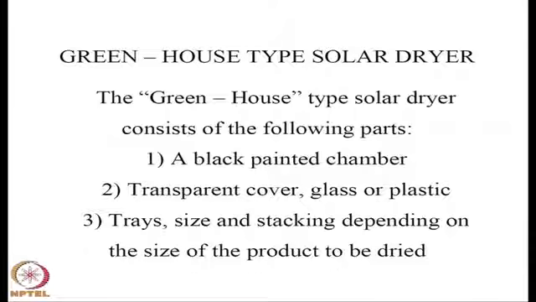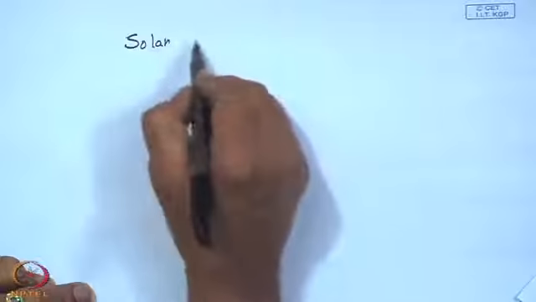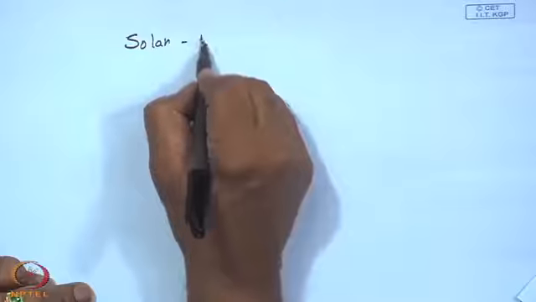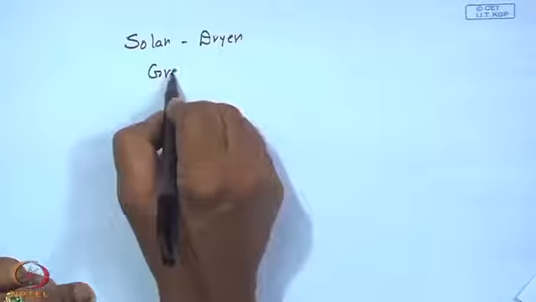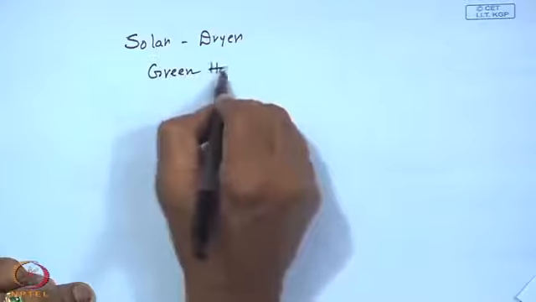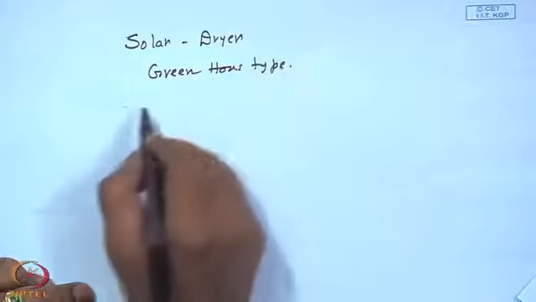So, basically this greenhouse type of solar dryer, if we now summarize, though we have understood the idea behind it: solar dryer, greenhouse type, basically passive.